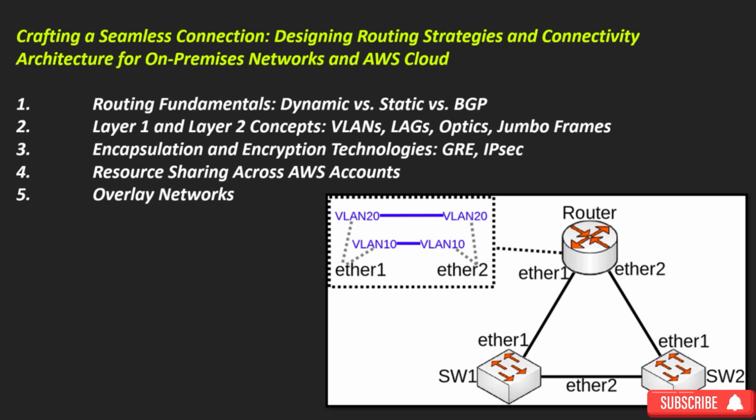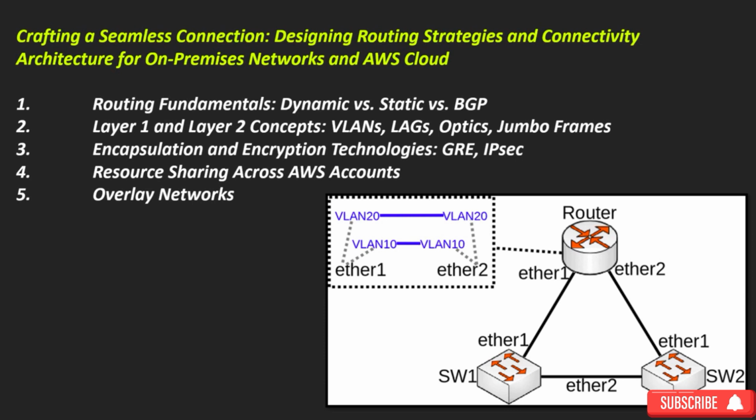The third point, a very important point, is encapsulation and encryption technologies, such as GRE and IPsec. Actually, security is very paramount when transmitting data between on-premises networks and the AWS cloud.